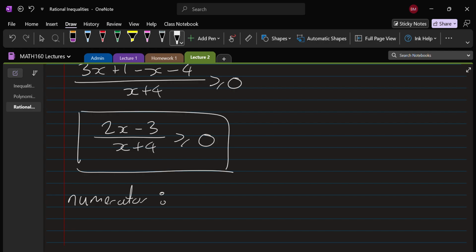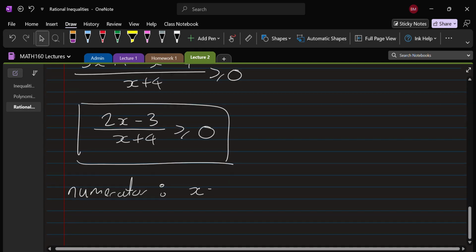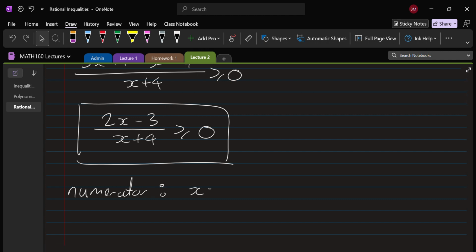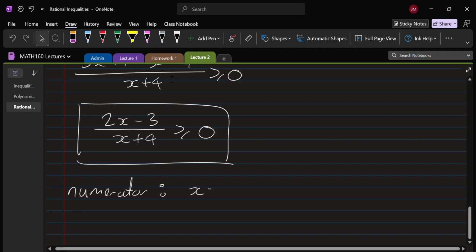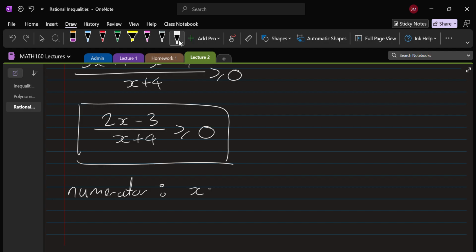So numerator, 2x minus 3 equals 0. We get x equals 3 over 2, and the bottom, easy, just the minus 4.